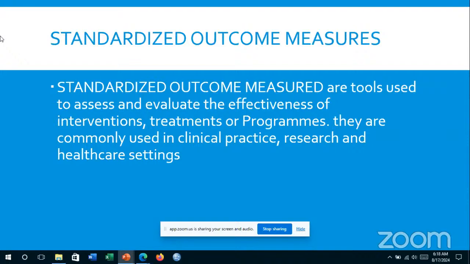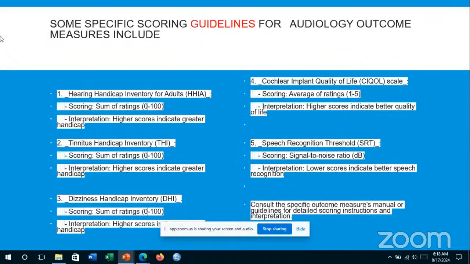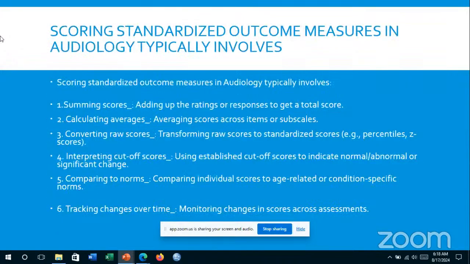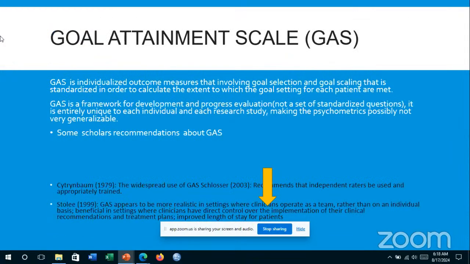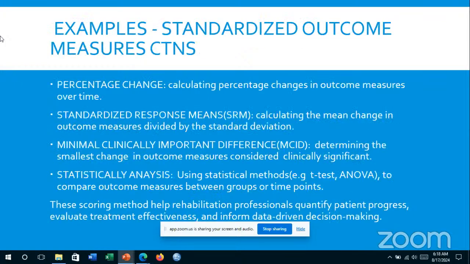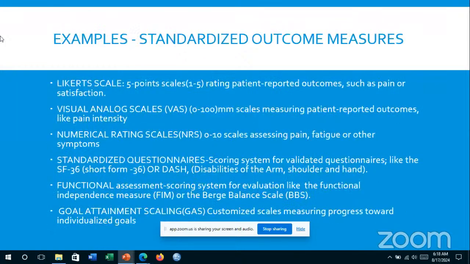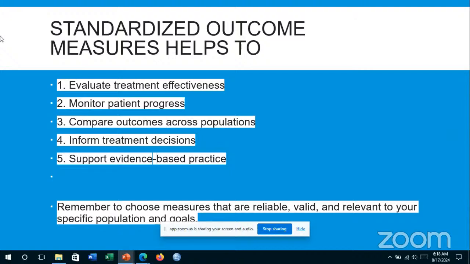So, what benefits do we derive from using them? It helps to evaluate treatment effectiveness, whether the treatment you are using for the patient is really bringing out results.